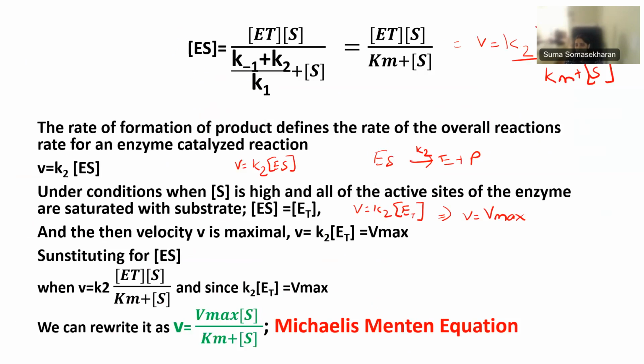And since K2 ET is Vmax, we get the equation velocity is equal to Vmax into substrate concentration divided by Km plus substrate concentration. This is the Michaelis-Menten equation.